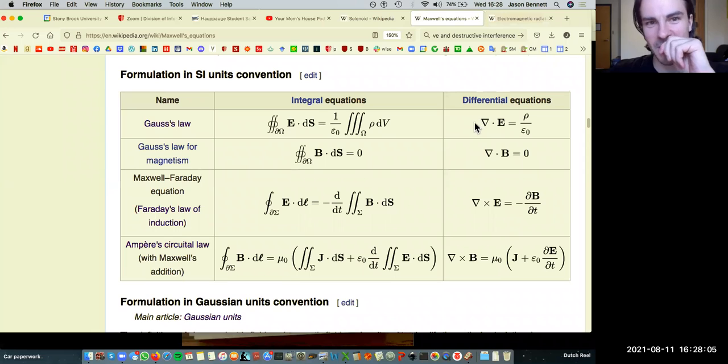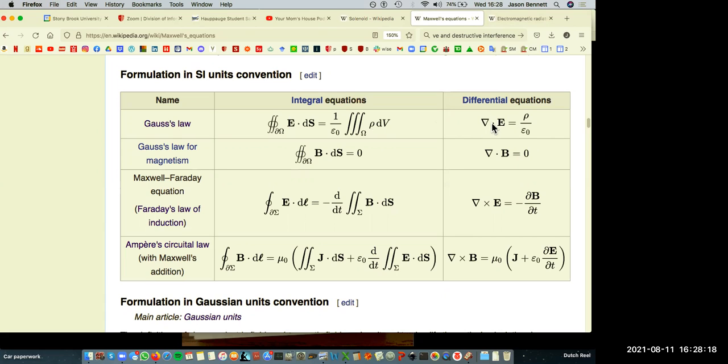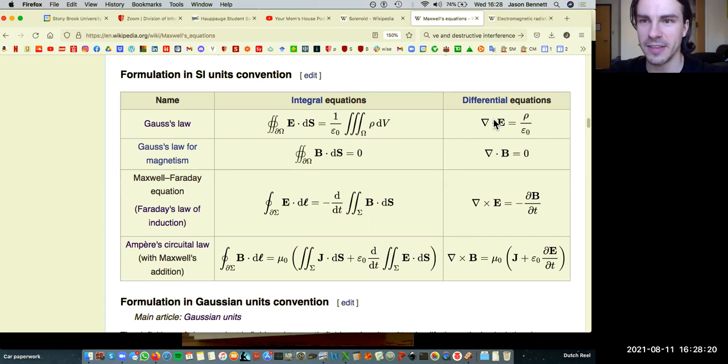So these are Maxwell's equations. There are two ways that you can view them. One of them is called the differential form, where these little triangles are the divergence of E, the divergence of B, and this is the curl of E and the curl of B. Or what you can do is integrate things over an area.